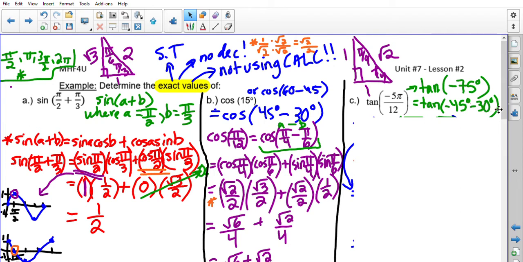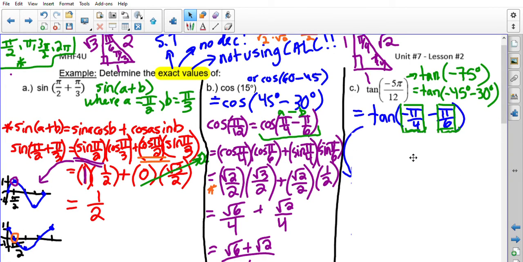Those two angles subtracted would give me the negative 75. All right, so that's kind of my side work there. So I'm going to rewrite tan of negative 5 pi over 12 as equivalent to tan of negative pi over 4, that's the negative 45, minus pi over 6.